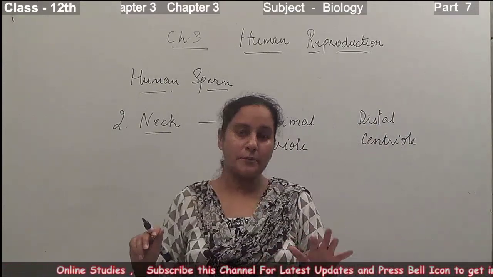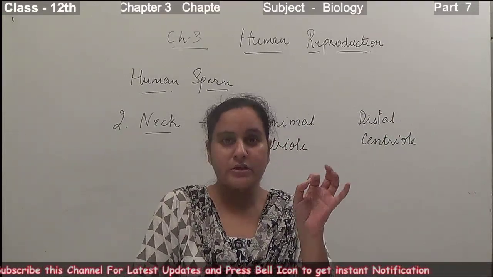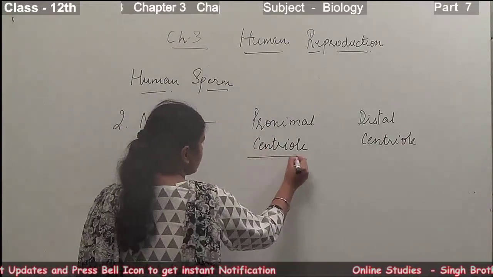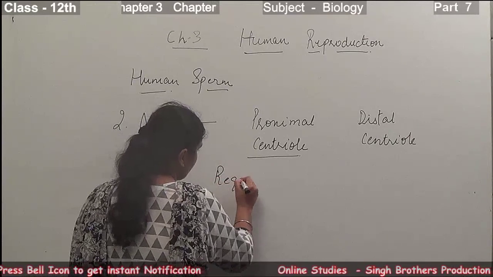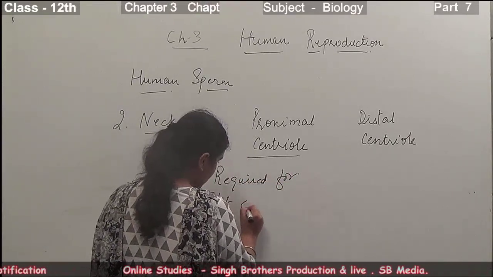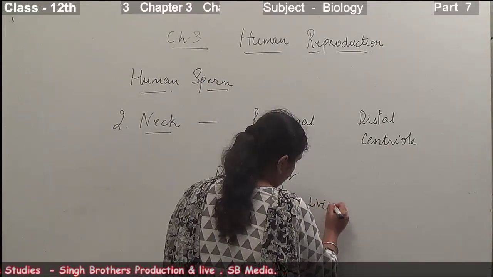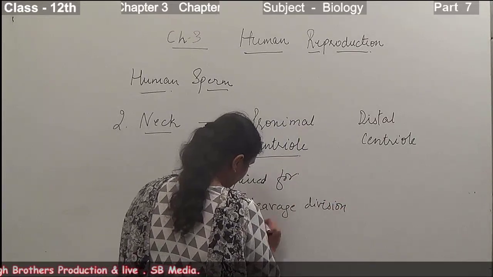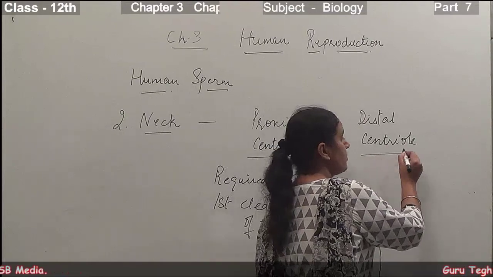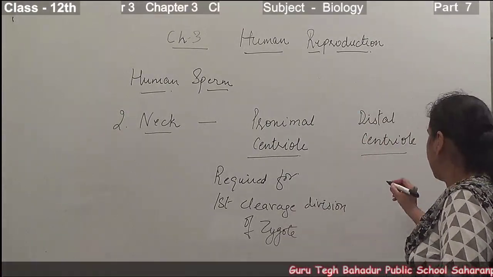The proximal centriole is required for the first cleavage division of the zygote, while the distal centriole is just connected to the tail filament.